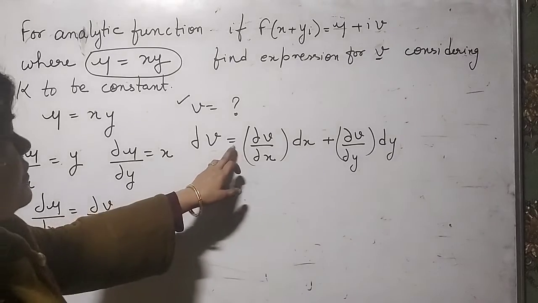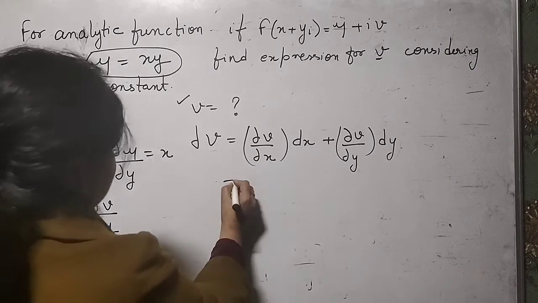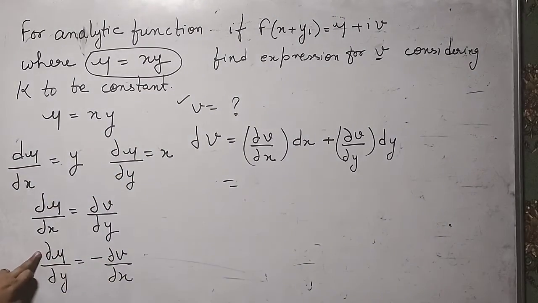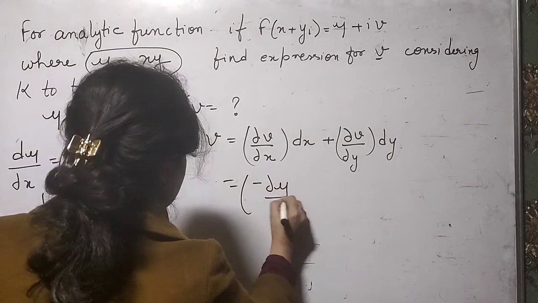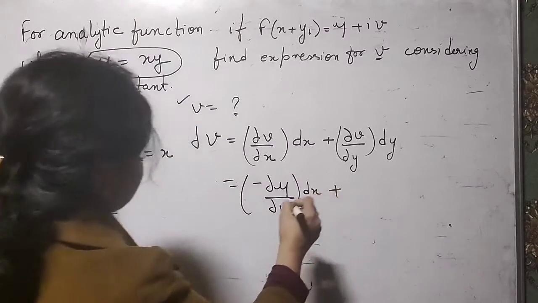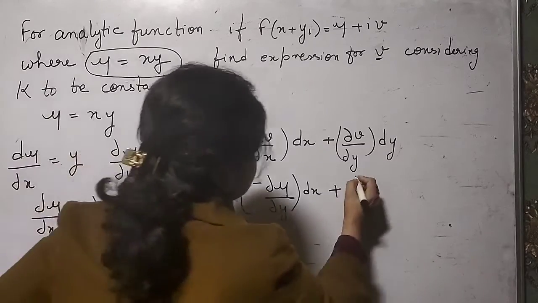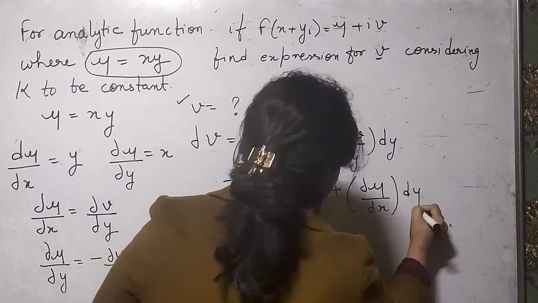So in place of dv by dx, we write minus du over dy. Listen carefully. dv by dx is there in du over dy. That means minus of du over dy, and it is dx, plus it is delta v by dy, which is du by dx. And here we write dy.